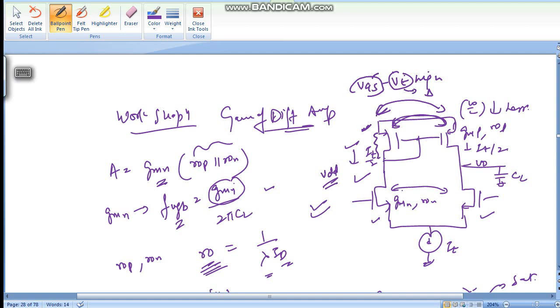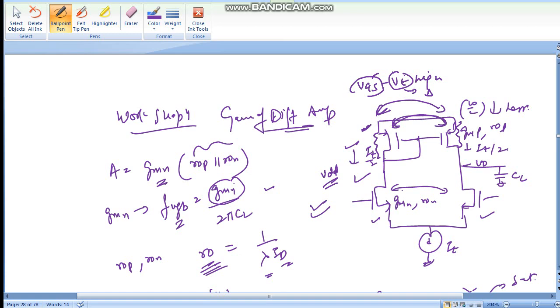So there is a trade-off between these two things, and if we take less W by L, then the Von voltage for this PMOS is high, so the output range from the higher side also reduces. So overall there is a trade-off between different parameters.